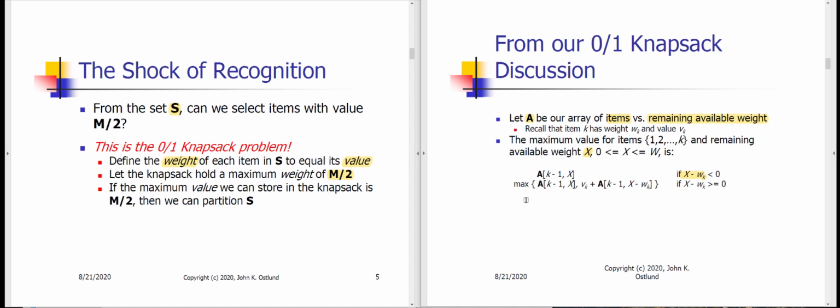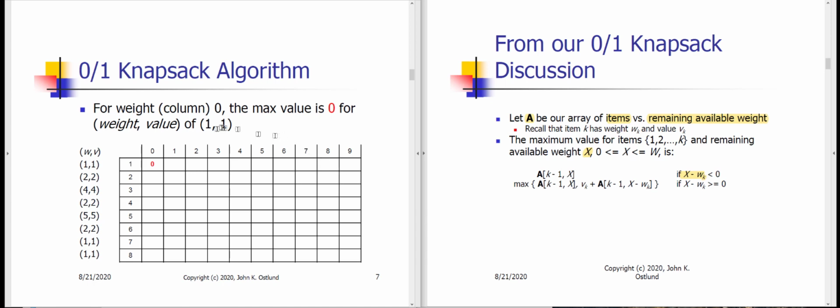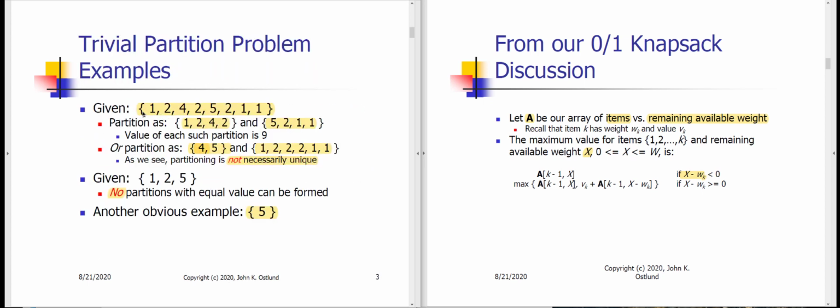All right, so here's what we're going to do. We're going to set up our array, and again here we're using our example, this multiset of values in this order: 1, 2, 4, 2, 5, 2, 1, 1. It turns out if you scramble the order and regenerate the algorithm, you'll still get a partition.